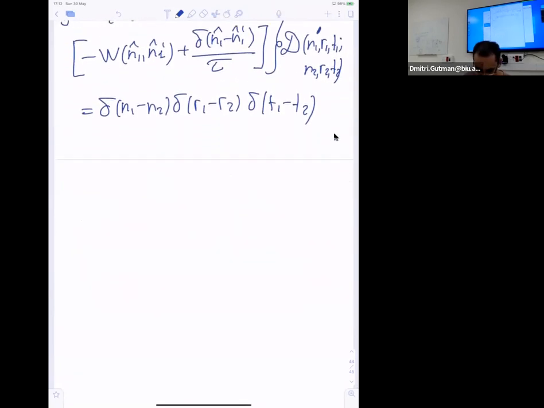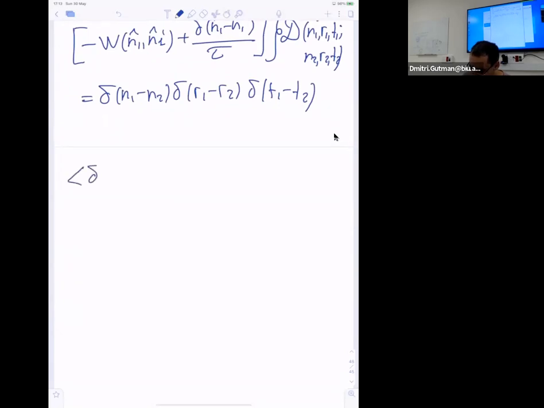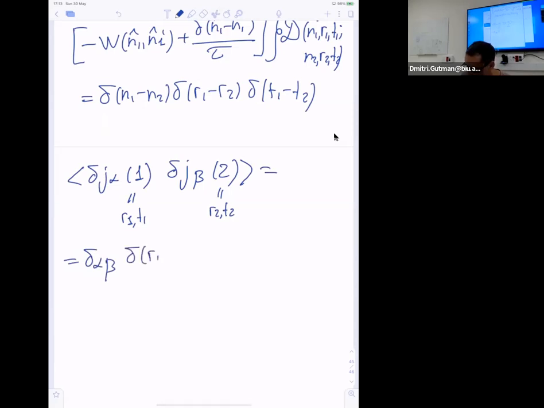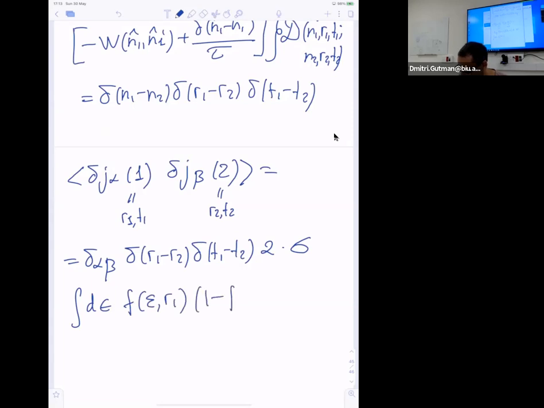And the point is that at the end of the day, after you plug this equation into the equation above, you get that the correlation function of current delta J alpha at the point 1, which symbolically means R1 T1, and the correlation function of the current at the point 2, R2 T2, is equal to delta alpha beta, delta R1 minus R2, delta T1 minus T2, 2 times sigma integral over d epsilon f of epsilon, R1, T1, times 1 minus f of epsilon, R1, T1.